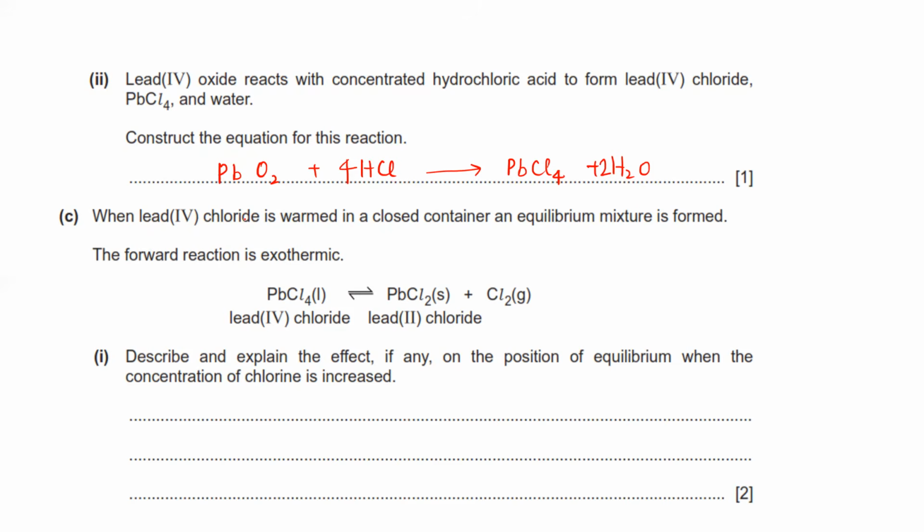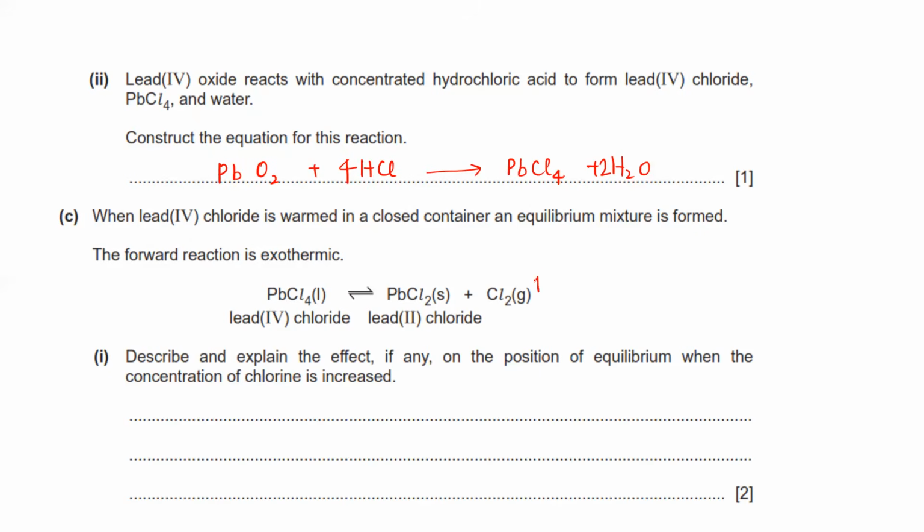Part C, when lead 4 chloride is warmed in a closed container, an equilibrium mixture is formed. The forward reaction is exothermic. Describe and explain the effect, if any, on the position of equilibrium when the concentration of chlorine is increased.